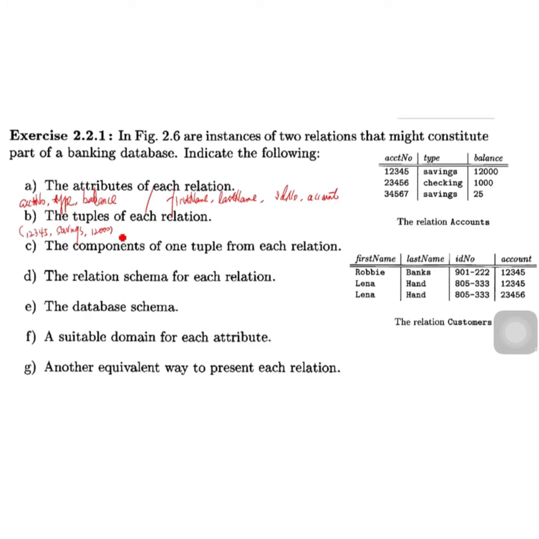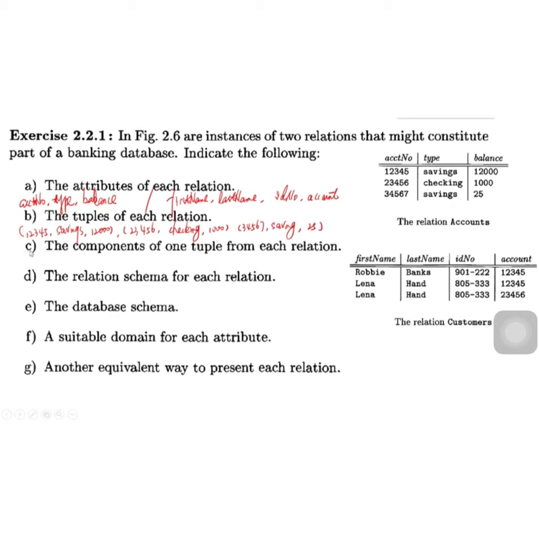Okay, it is the first tuple. Second one. And the last one. And I think you can list the tuples of customers by yourself.